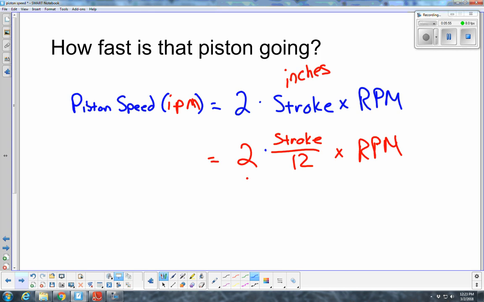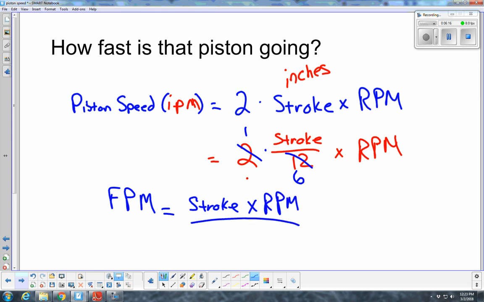So the 2 becomes a 1 and 12 becomes a 6, and there's your formula right there. Your feet per minute is going to be the stroke length measured in inches times the RPMs divided by 6. And that's the formula we're going to use for most of it.